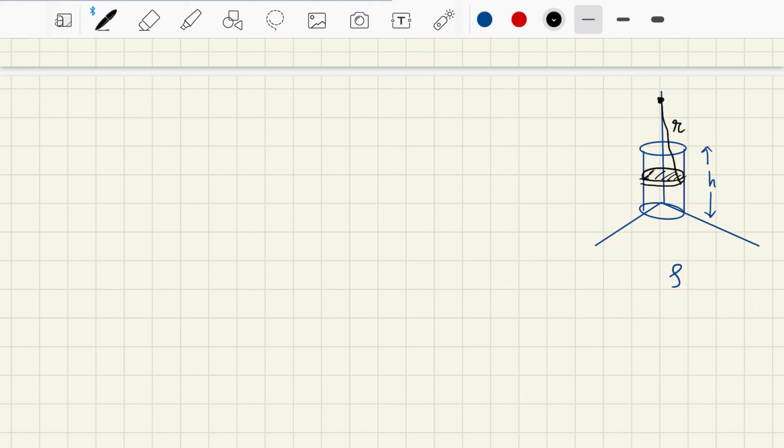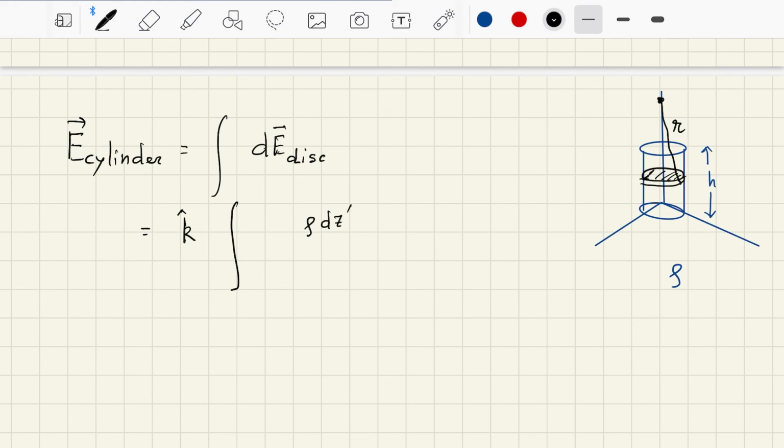Okay, so this is R now, and so E cylinder can then be written as the integral of dE disk, and of course it will still be on the axis, so it will be still in k, and the integral is from, let's say, we'll come back to it, rho dz prime by 2 epsilon naught, that is sigma, this becomes the sigma now.